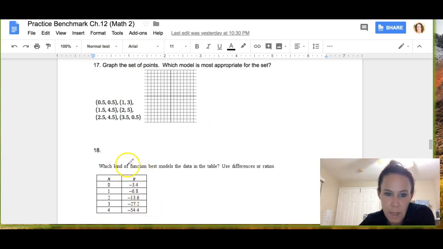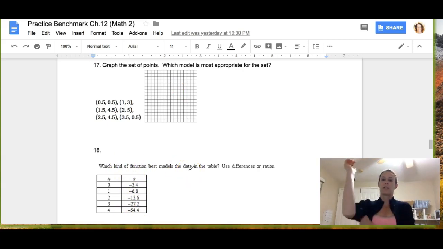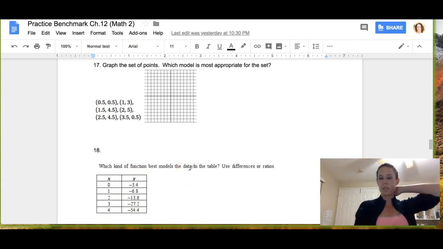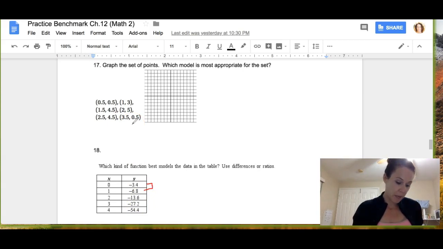Okay, looking at this guy, which kind of function best models the data in the table? Use differences or ratios? So if you look at your x value, they each increase by 1. Perfect. When that happens, you don't have to do the ratio of each of these. You just have to check your differences or ratios here. So we can first check and see if the differences are going to be constant.